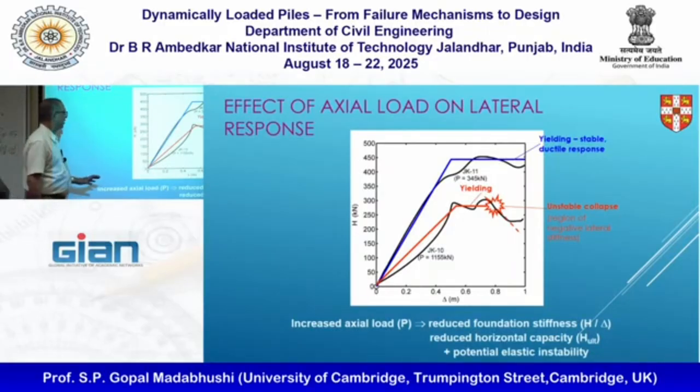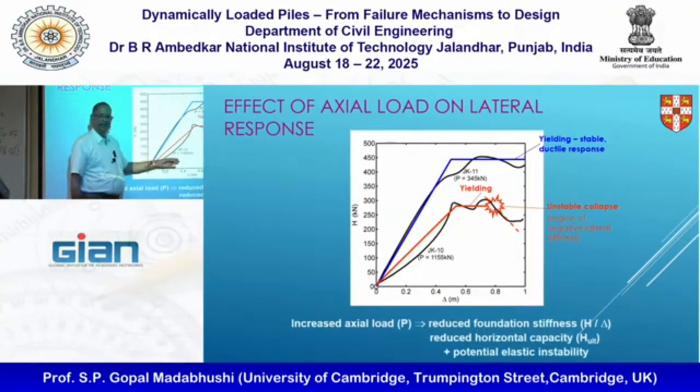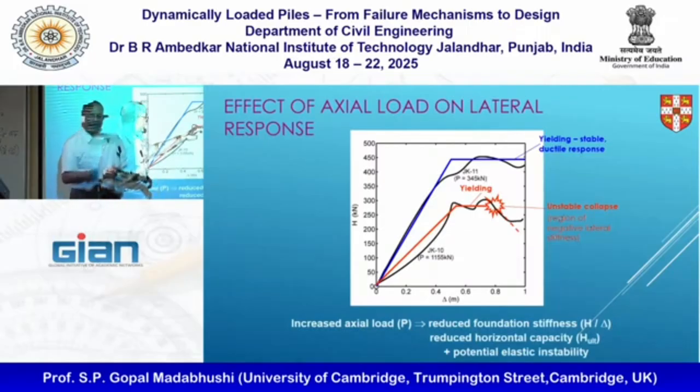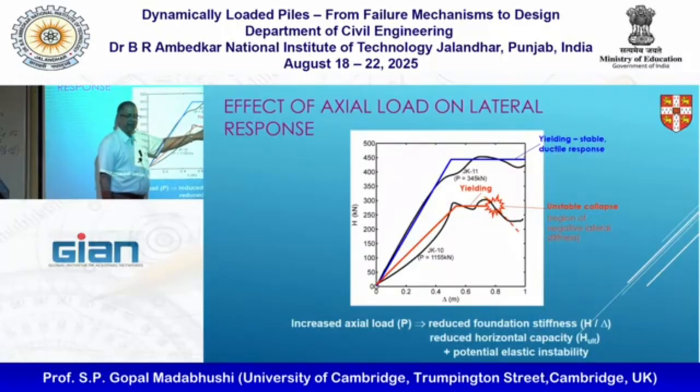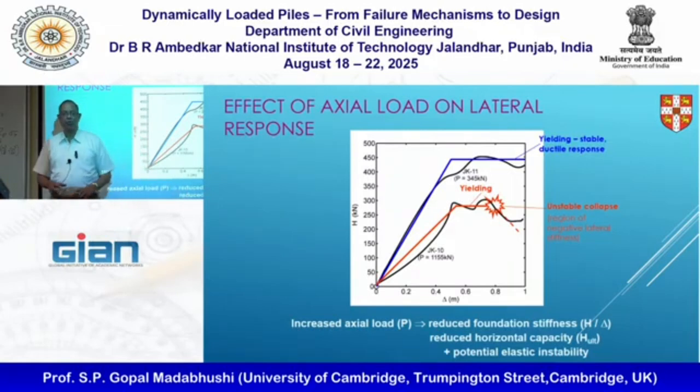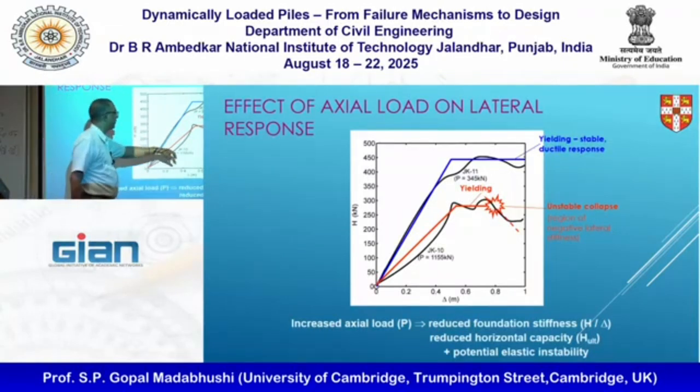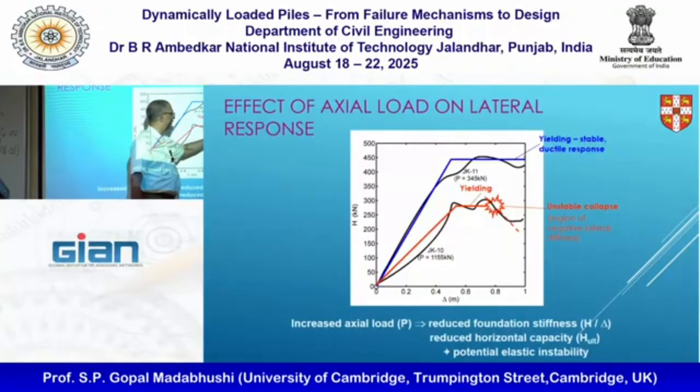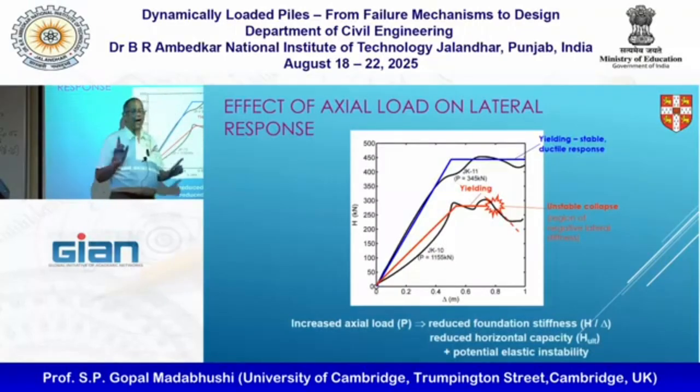When you have 3 times more axial load on the pile, it goes up here. First of all, it can't take as much H, it undergoes some more deflection as driven by P-delta, and then it will fail. It will reach its MP, and once this happens, it will reach the unstable collapse state.